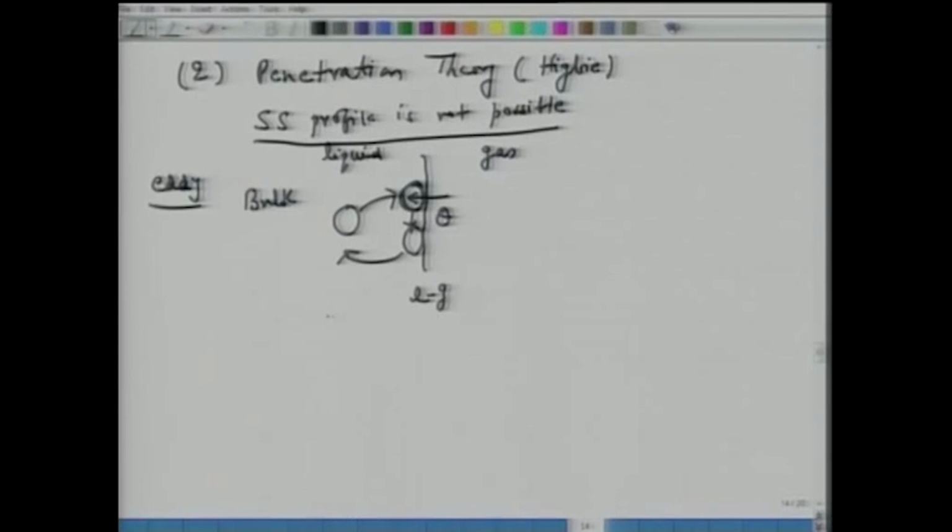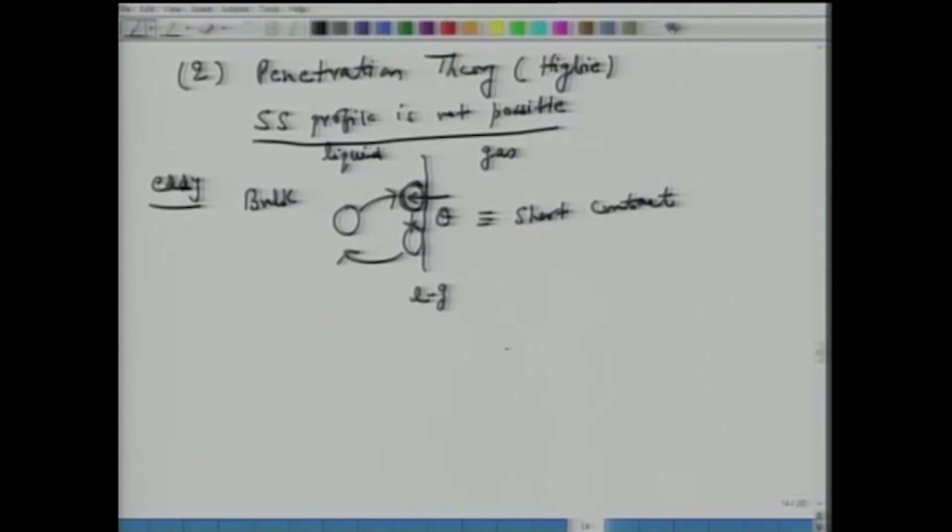In other words, there is a very short contact between the two phases when we have mass transfer from the gas to the liquid, in which case it is not possible for the profile to reach a steady state. In that case, penetration theory becomes quite popular and more realistic.